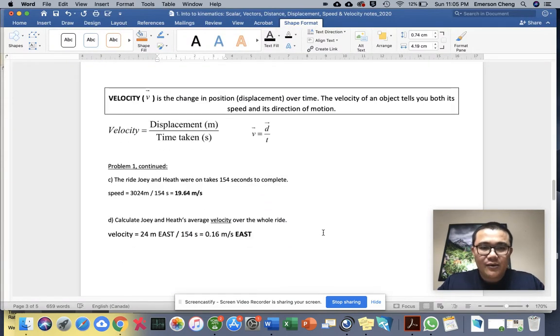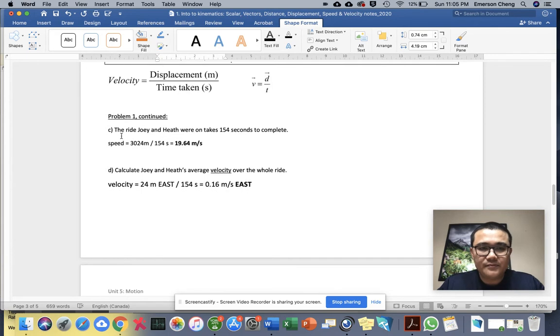Okay, so problem one: the ride that Joey and Heath took took 154 seconds to complete. So speed will be the distance divided by the time, which will give you this number.